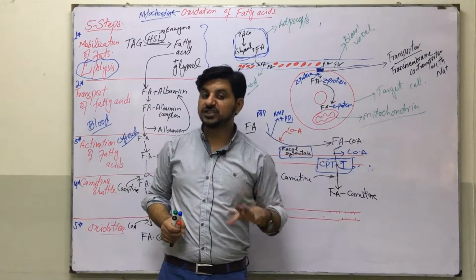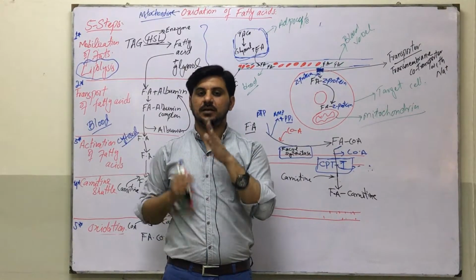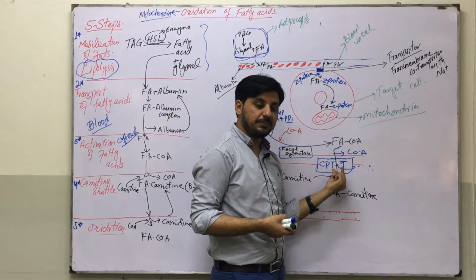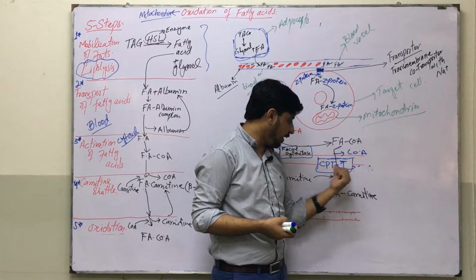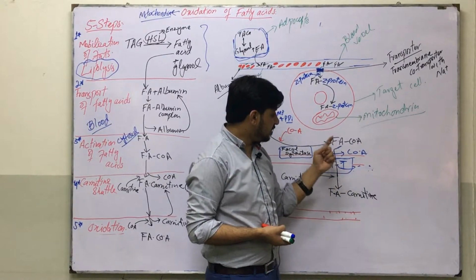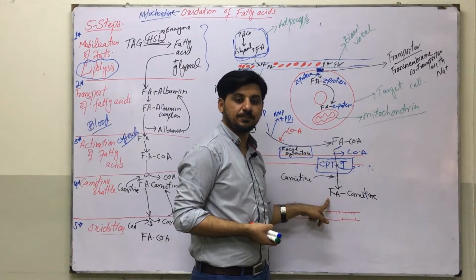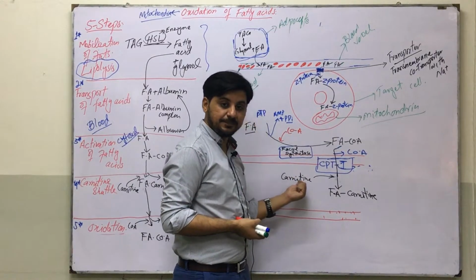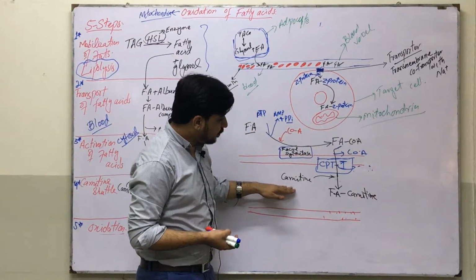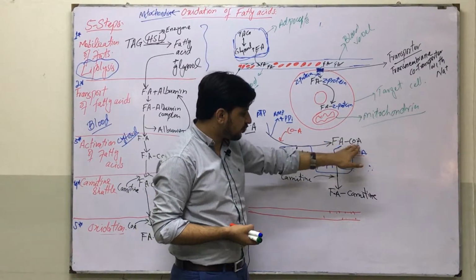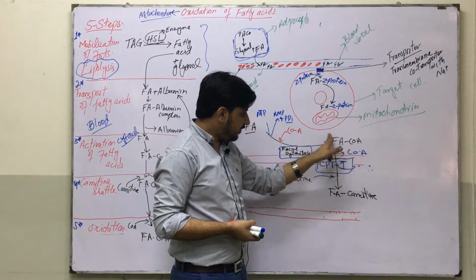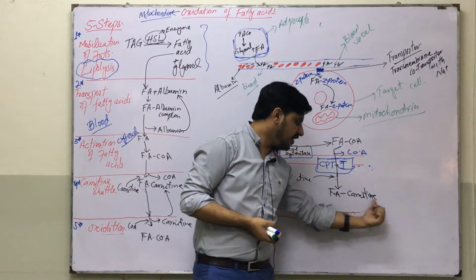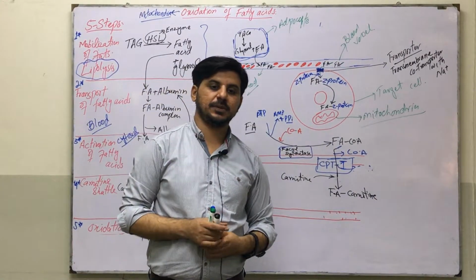This fatty acyl CoA, if it is a very long chain fatty acid, will need a carnitine shuttle, and for the carnitine shuttle on the inner side of the outer mitochondrial membrane there is an enzyme named CPT1, carnitine palmitoyl transferase 1, which will transport this fatty acyl CoA into the space, and in this space there is carnitine. This carnitine, what will it do? Simply it will replace the CoA portion. CoA is removed and the fatty acyl group will become attached to this carnitine, resulting in the formation of a fatty acyl carnitine complex.